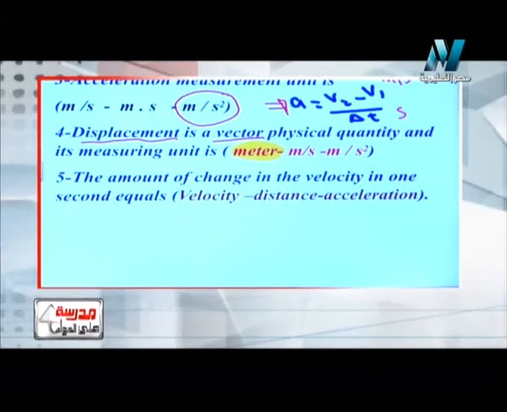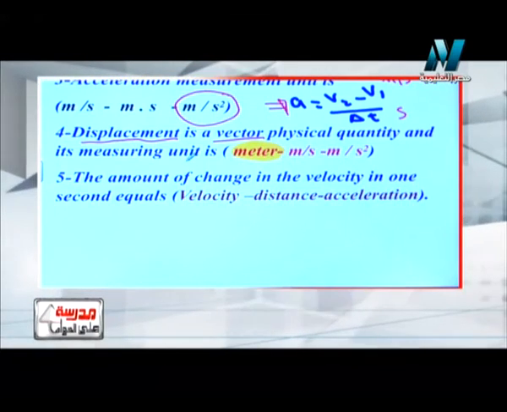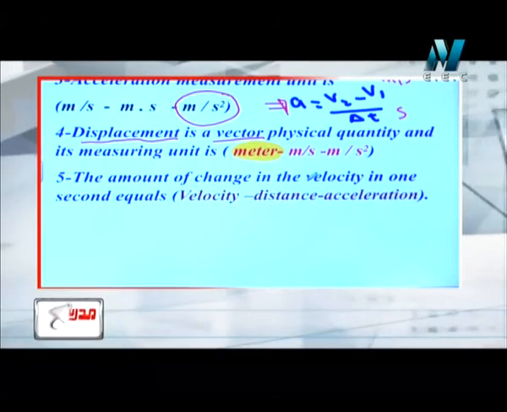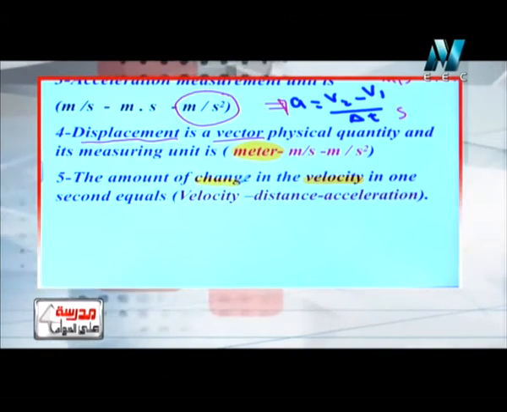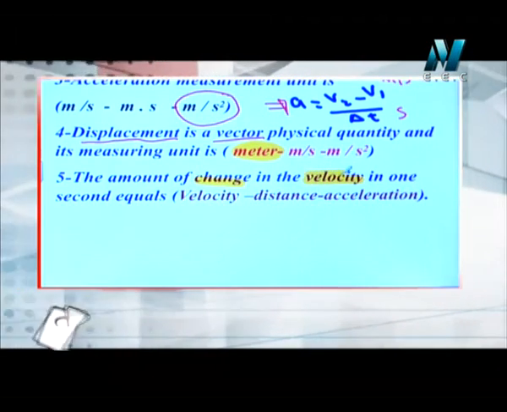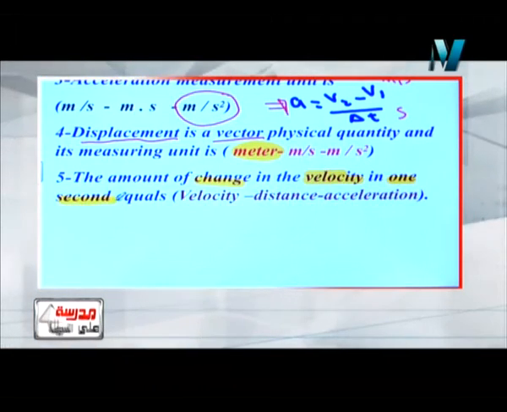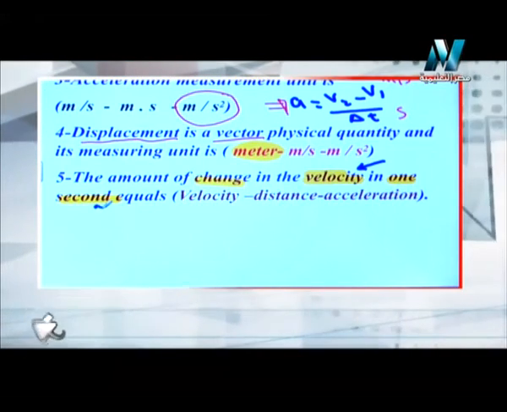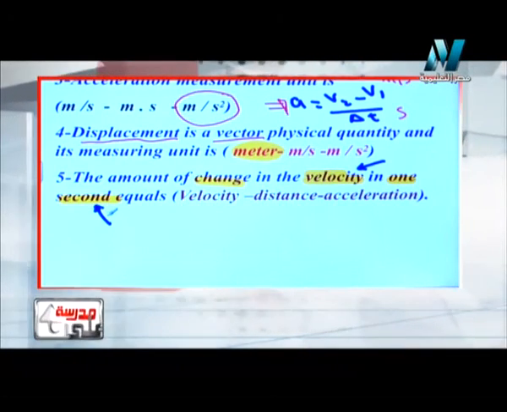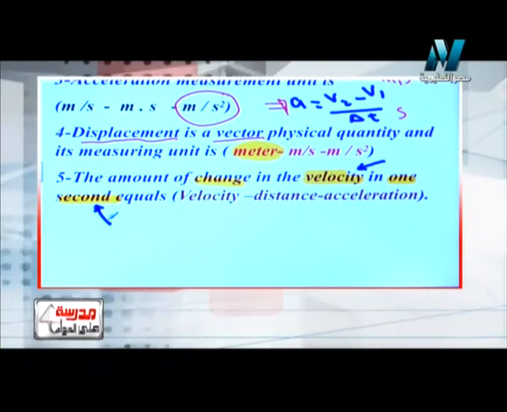Number 5. The amount of change in velocity. Here we talk about the amount of change in velocity in 1 second. So here we have velocity and here we have time as second. So change in velocity or change in speed in 1 second.